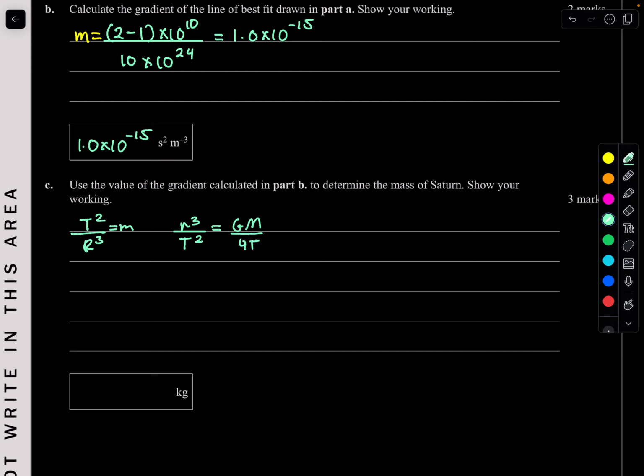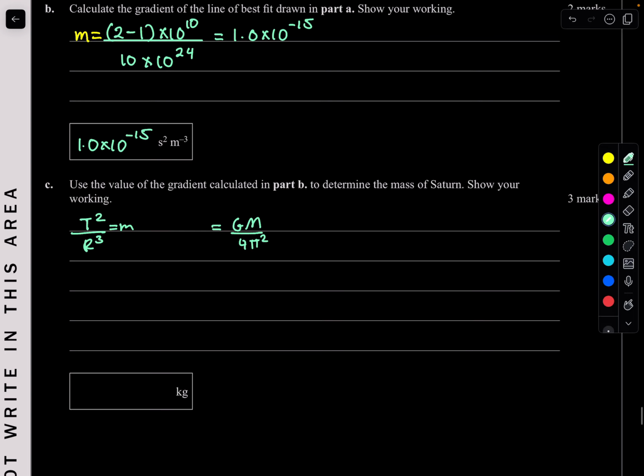So if I find the reciprocal of my gradient, you flip it around, it's 4 pi squared over GM. I can substitute that here, and that gives you a beautiful equation to find M, because these are all constants.